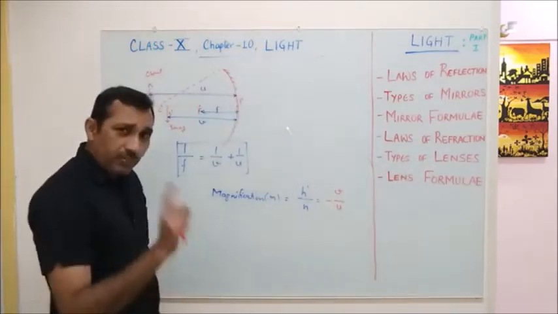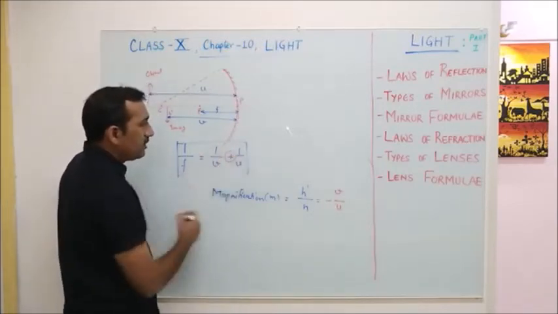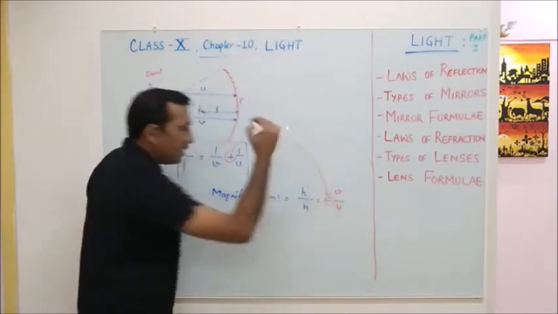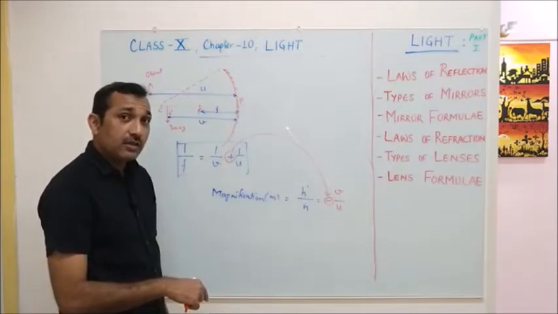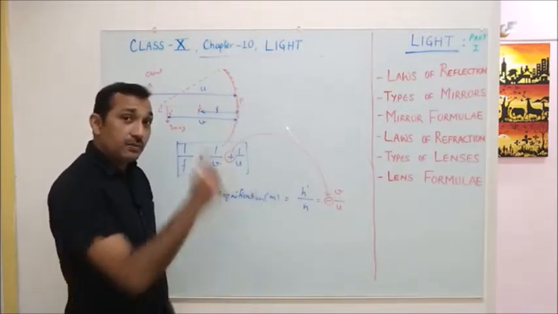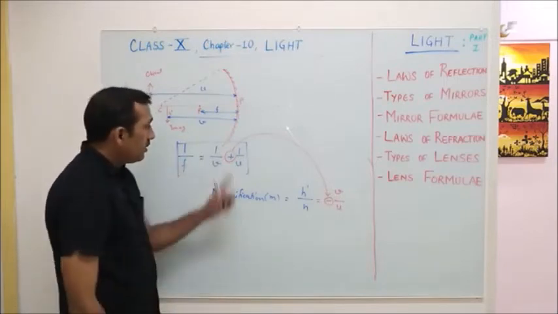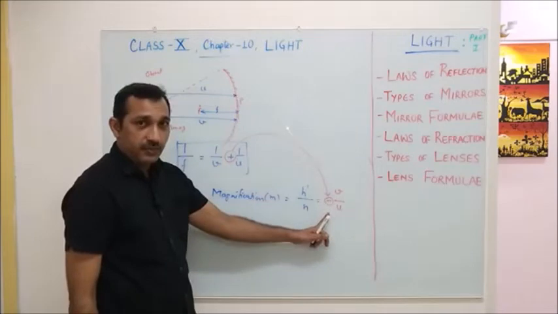But one thing we have to remember, if we have plus here, then the sign is opposite. The same will be the case when we go for the lenses, right? Let me repeat. When we have plus here, we have minus here.